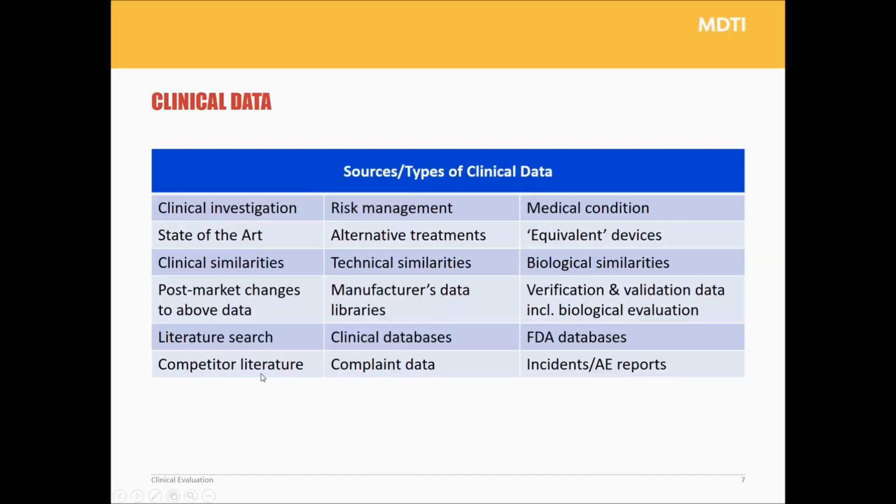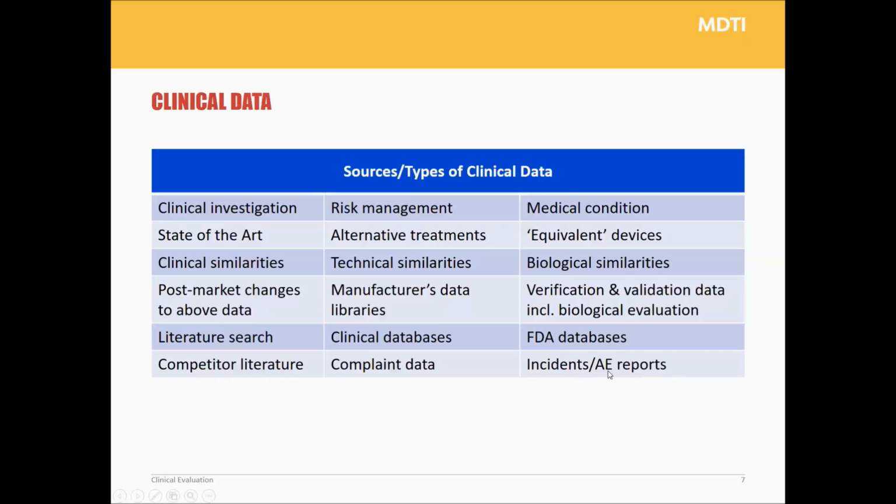Competitor literature, this is a great one. Even if it's like a brochure that they're using, you can quote those in your clinical evaluation reports. Complaint data, very important. For example, if you have received 3 complaints in the last 5 years about a particular device for which you sold 10 million units, and none of those complaints concerned an adverse event, a clinical event for a patient, then that is very, very compelling data.